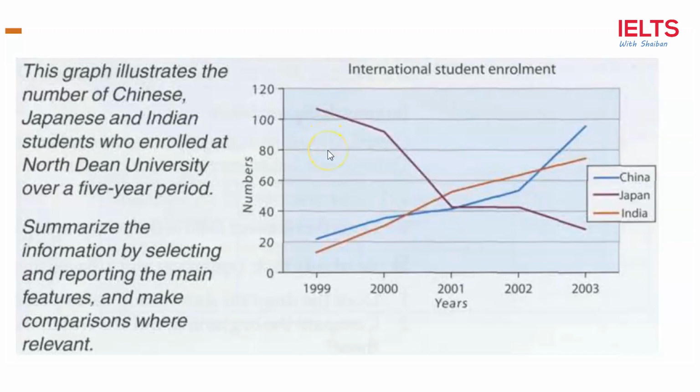If you ask what do you mean by a summary, if you look at this graph here, the summary can show that we have 2 main changes happening here, which is the increase in both China and India, while you can see a decline in the number of students from Japan.